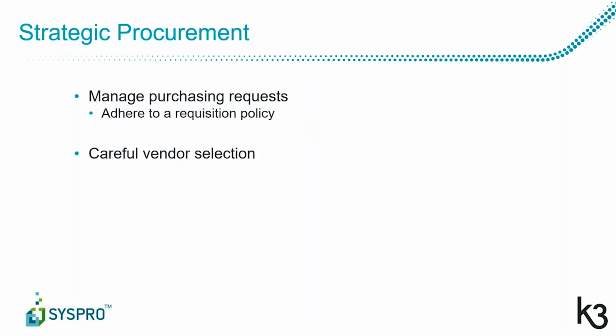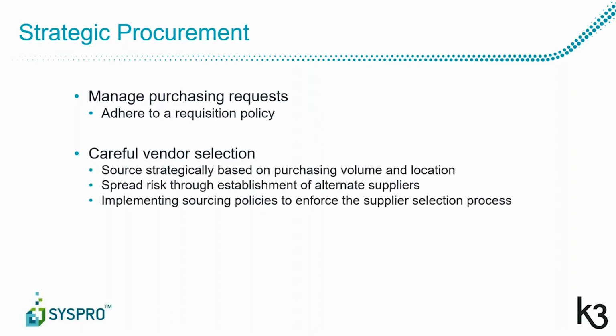The next part of it is careful vendor selection. There's a number of things that go into having your relationships with your suppliers. You want to source strategically, especially for your higher value items or your critical items when it comes to production. They're going to be based on purchasing volume. They're going to be based on location.